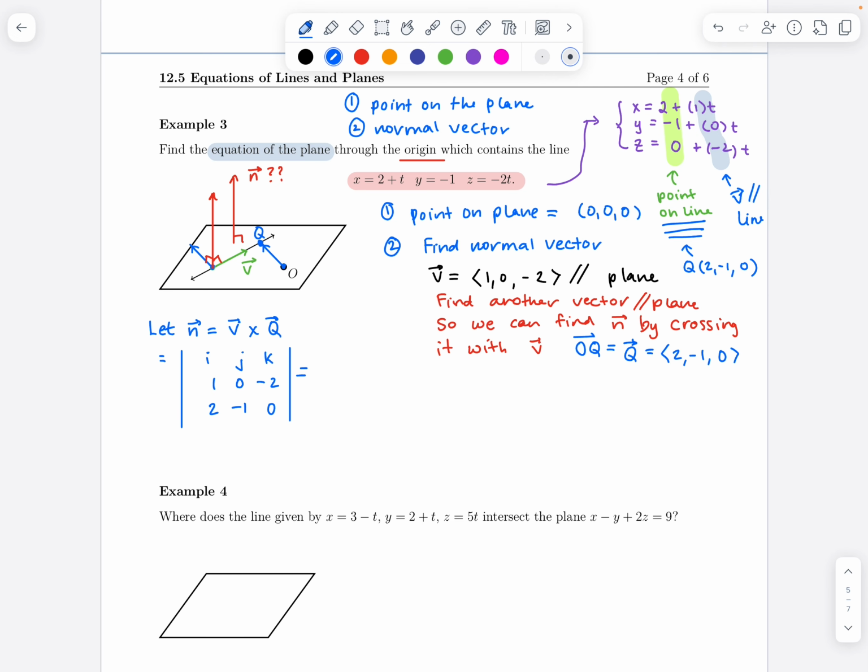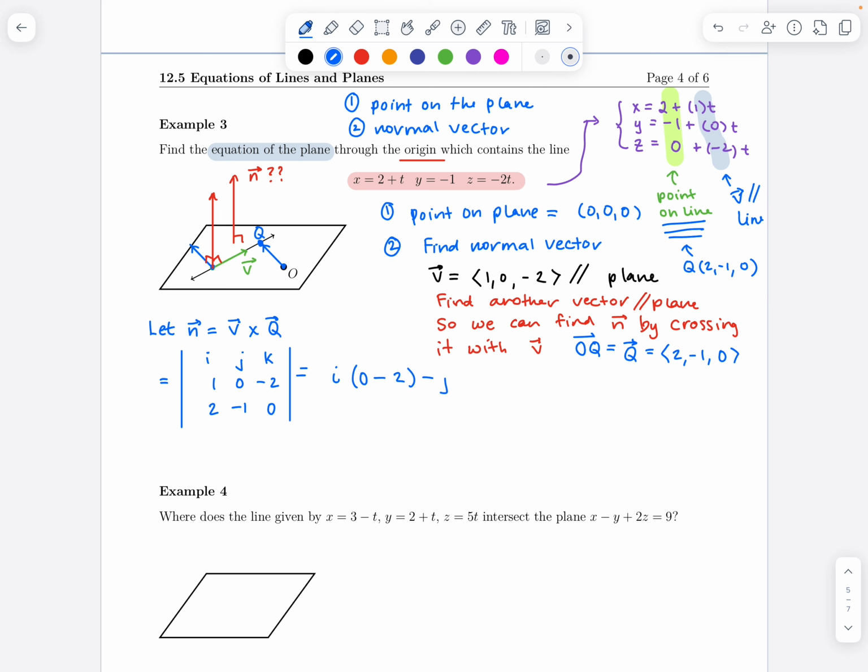I'm going to go ahead and do my determinant calculation. So I'm going to get I times, now what I'm doing here is when you remove I, you're basically thinking of crossing out the ith column, and this is the determinant here that I'm taking. And so I'm going to do 0 times 0 minus -1 times -2. So that will give me 0 minus -1 times -2, which is just going to be 2.